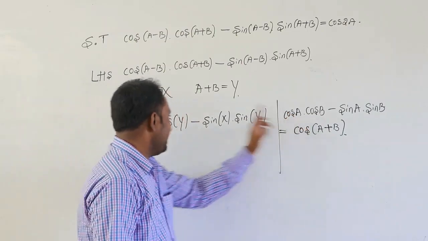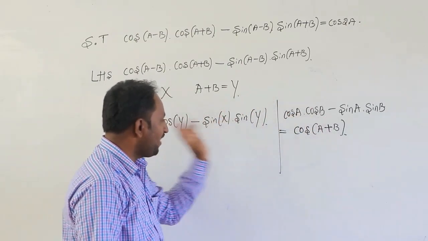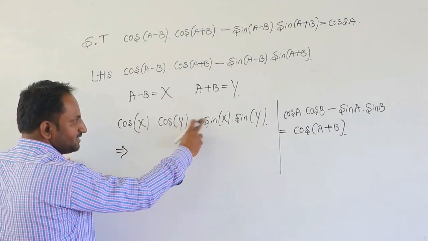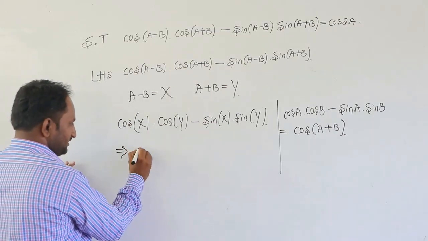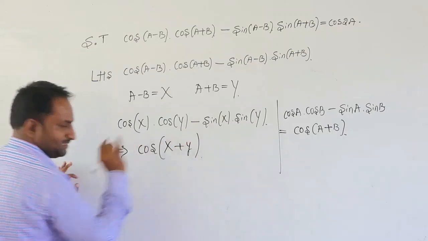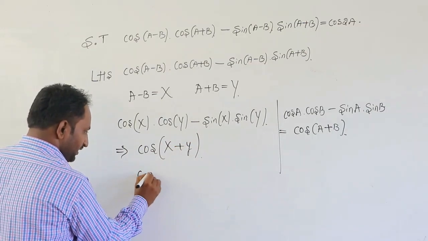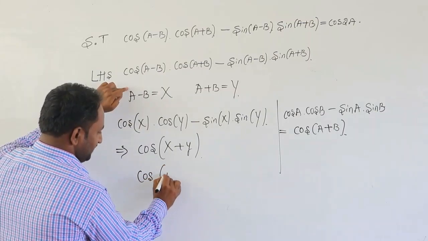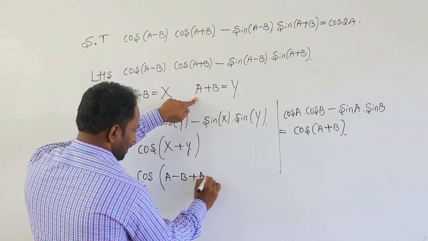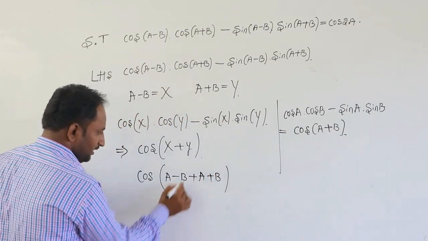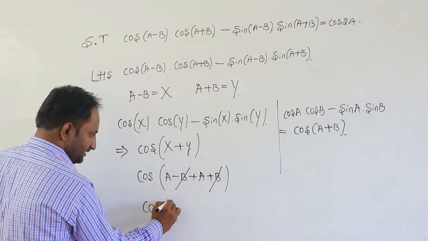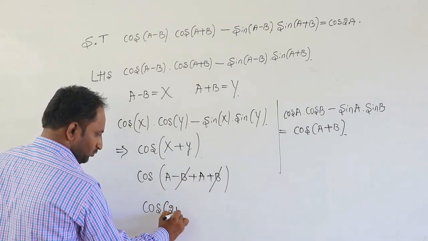Here in place of a, x is there; in place of b, y is there. Then cos x into cos y minus sin x into sin y, result is cos of x plus y. Then we know x means a minus b, and y value is a plus b. Here minus b plus b get cancelled. Therefore, cos of a plus a means 2a.